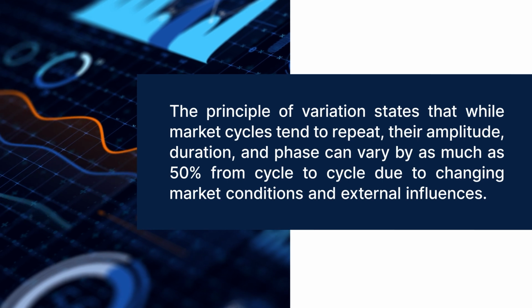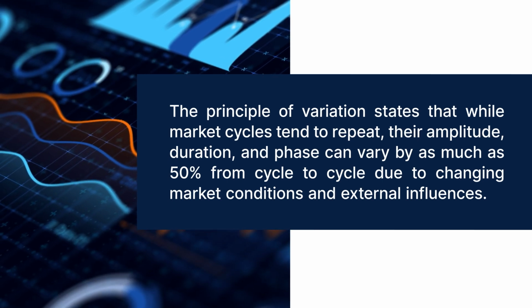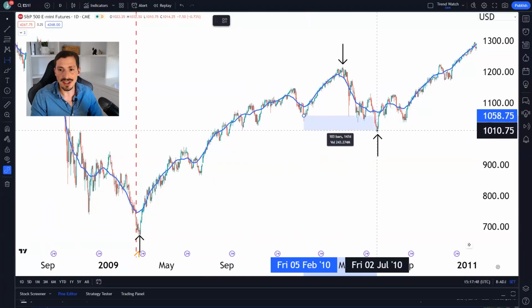So a 140 calendar day cycle can last anywhere between 70 days and 210. It can be a little longer than that. It can be a little shorter than that, but it's going to be around, on average, 140 calendar days or 100 trading days. And here's another one, 147 days. That's actually right on the money, 103 trading days or 147 calendar days.